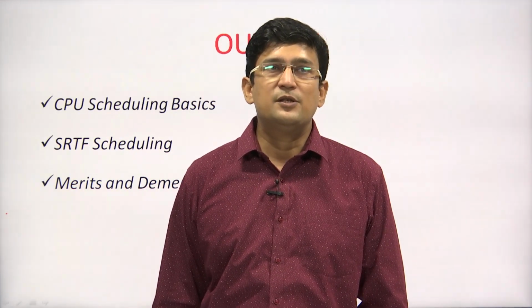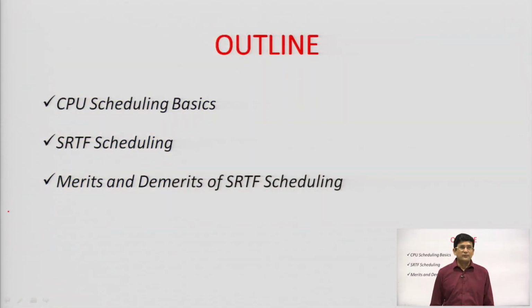So, this is the preemptive version of the shortest job first algorithm. The outline of the lecture is that we will first discuss the CPU scheduling basics, then the shortest remaining time first algorithm, and then its merits and demerits.